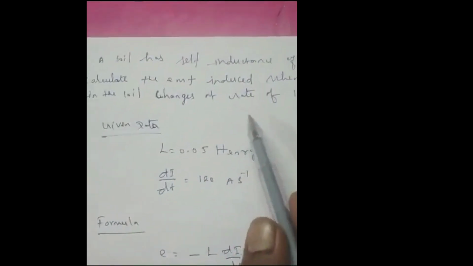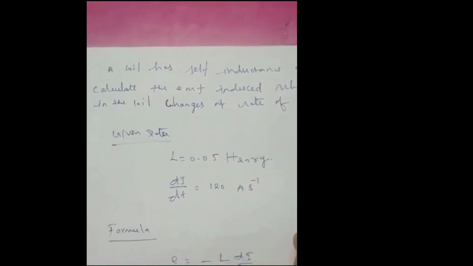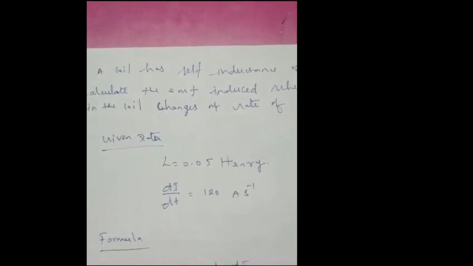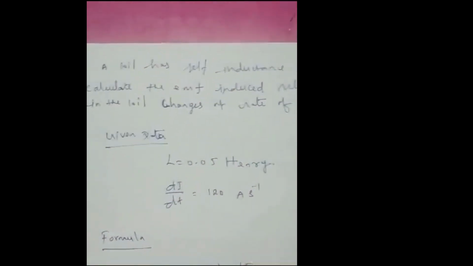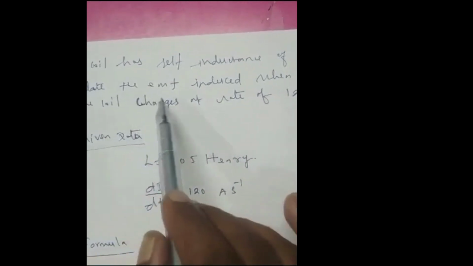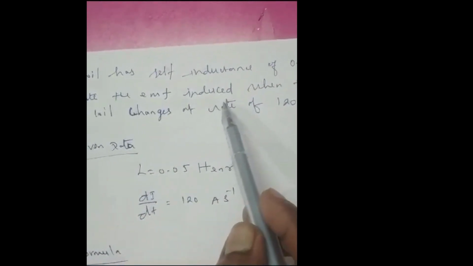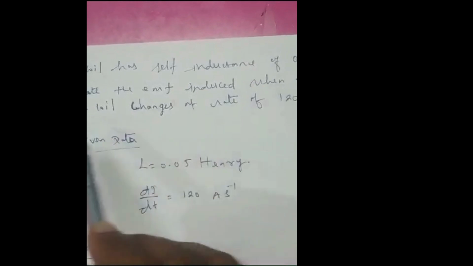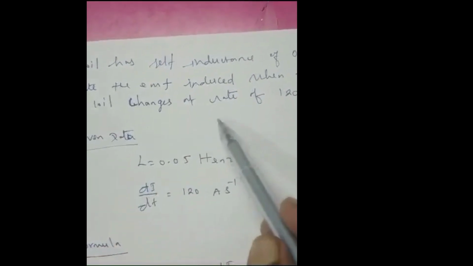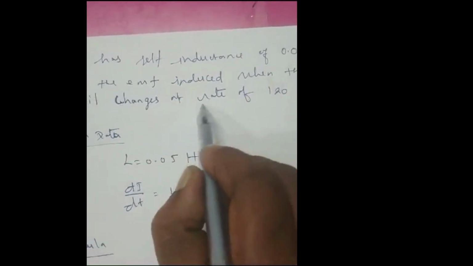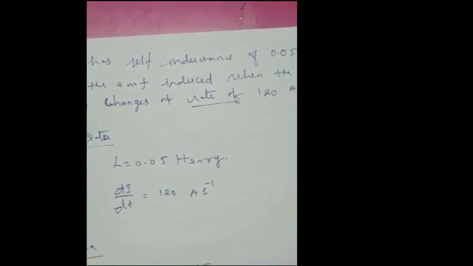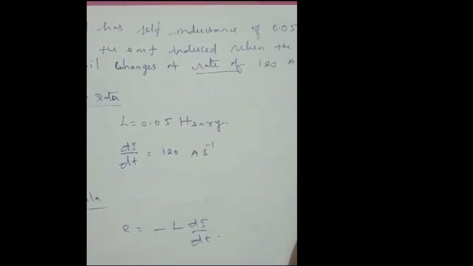Another problem: a coil has a self-inductance of 0.05 Henry. The unit of self-inductance is Henry. Calculate the induced EMF when the current in the coil changes at a rate of 120 ampere per second.